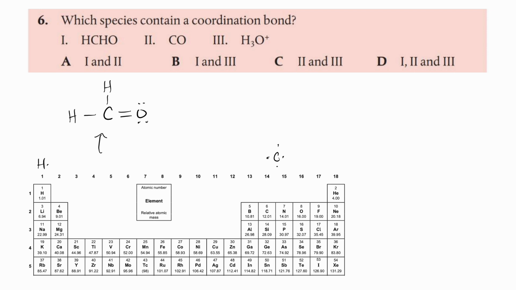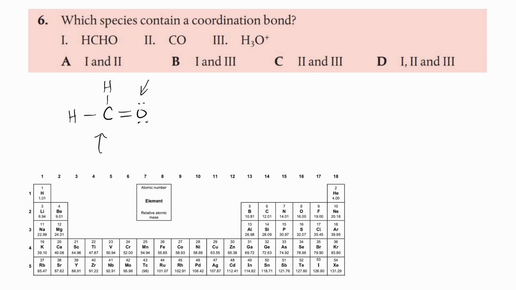Both of these have 1 bond. Oxygen has 6 valence electrons, 1, 2, 3, 4, 5, 6. It wants, ideally in a perfect world, to have 2 bonds and 2 lone pairs. And in this molecule, it has 2 bonds and 2 lone pairs. So for I, or HCHO, I do not see a coordination bond because I know that all of those atoms only shared 1 electron in all 4 of those bonds in that molecule.